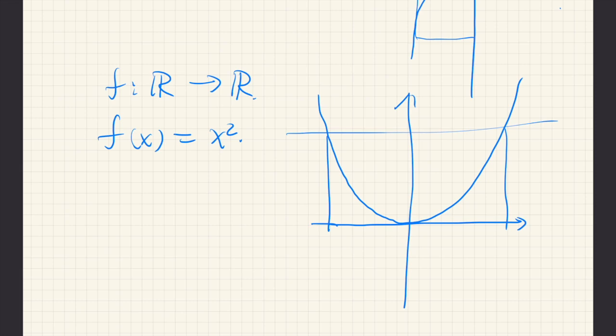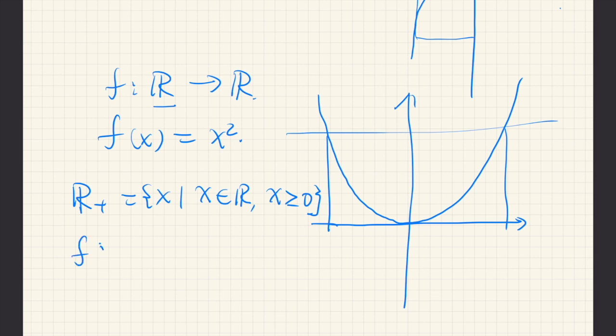However, if we limit the domain to only the positive side, let's define R plus as real numbers that are non-negative. So if the domain of f is limited to non-negative real numbers, then is it an injection?